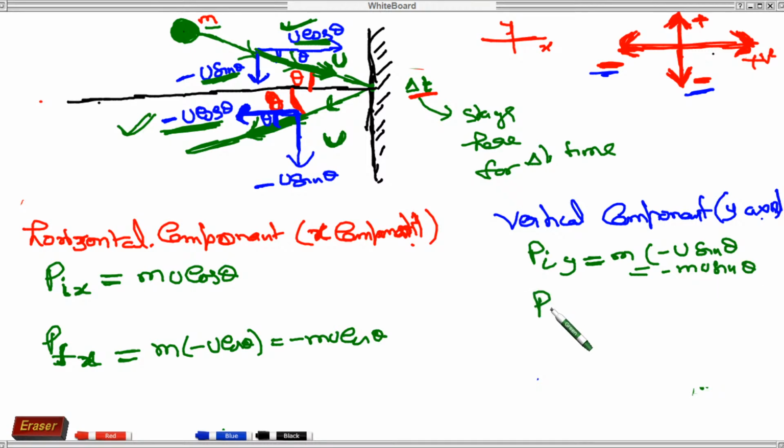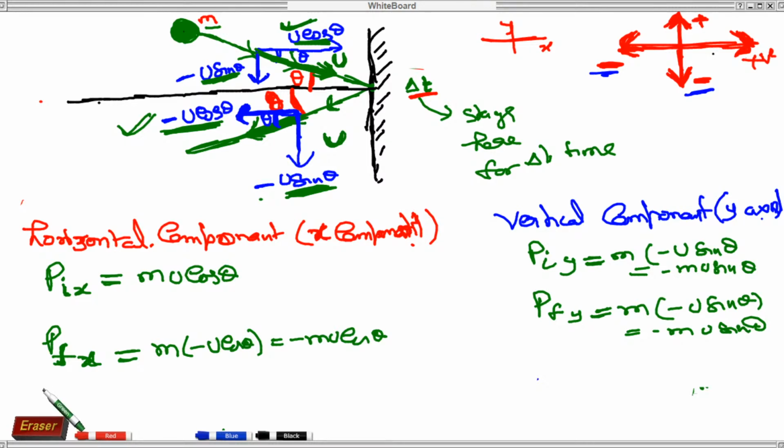What would be the final component of momentum in the y-axis? Yeah, this one. Okay, so here also you can see a minus sign. So this will be m into minus u sine theta, equal to minus mu sine theta.